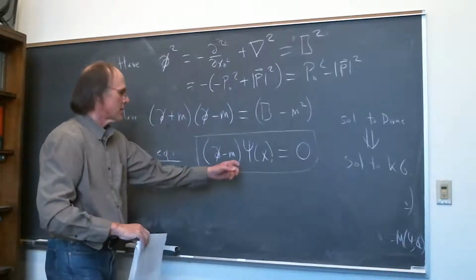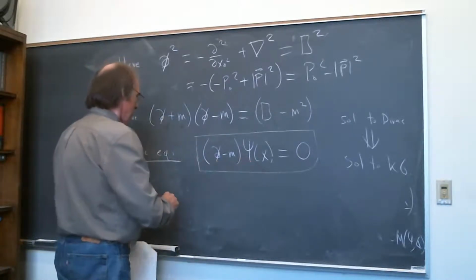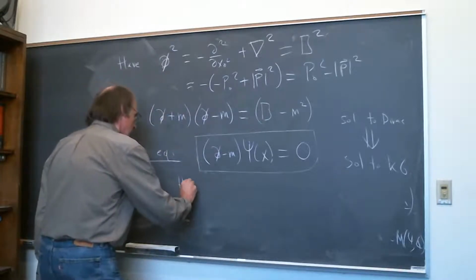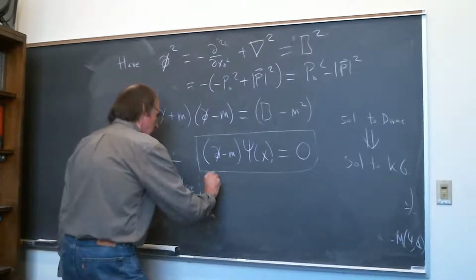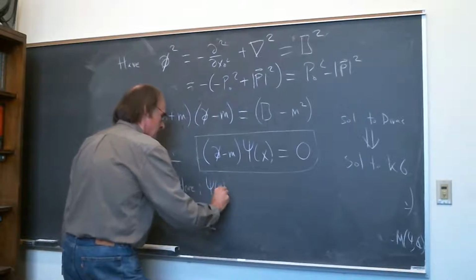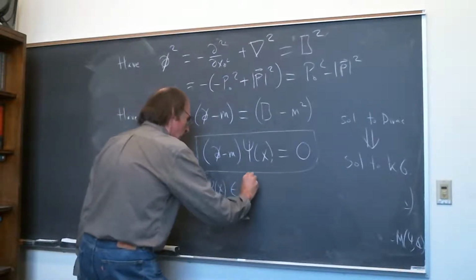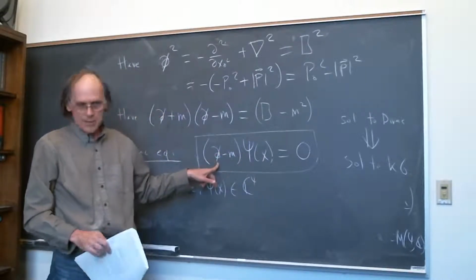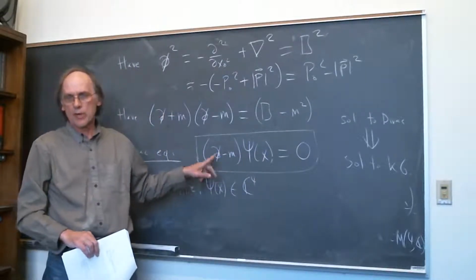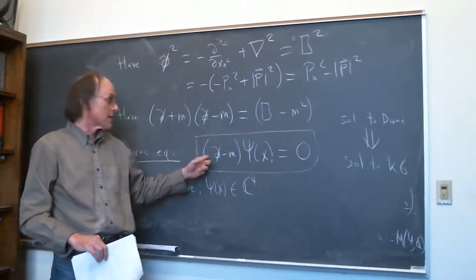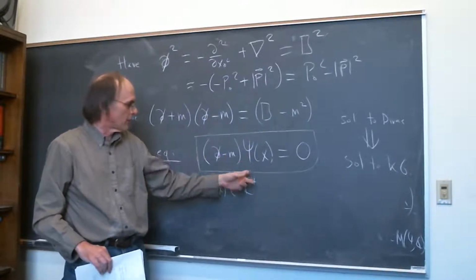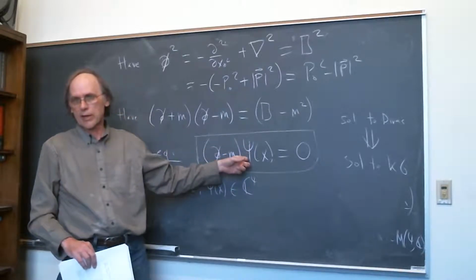But the thing to notice is that here psi is a function from x to C4. So if we're thinking about these guys being arbitrary 4x4 complex matrices, in general they're going to act on these 4-dimensional column vectors.